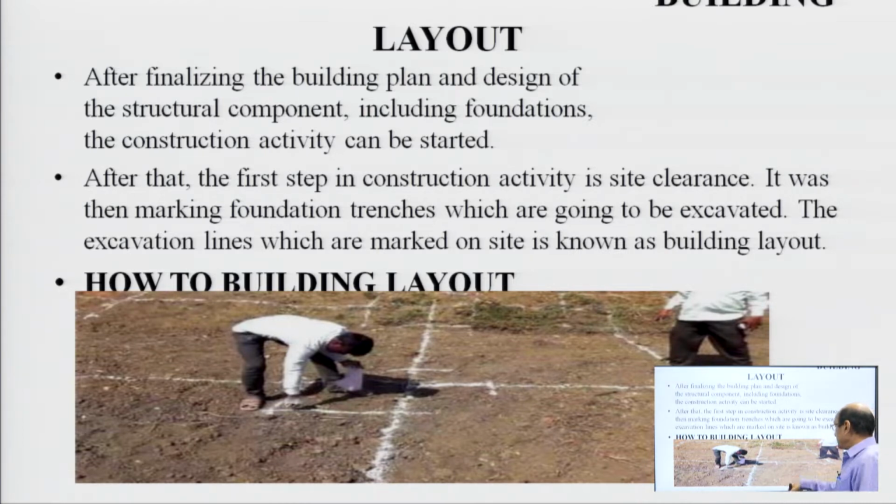You see here in the drawing, the lines are going to be marked with the lime powder. One fellow is marking, so it could be easily visible. So, this is a plan that has been marked by the people who are working here.